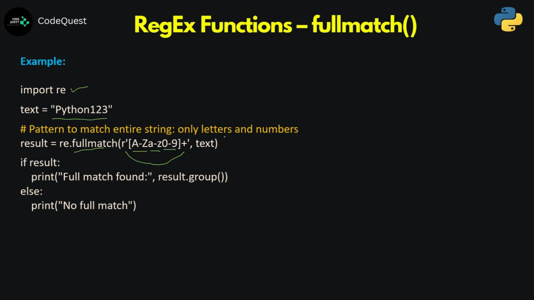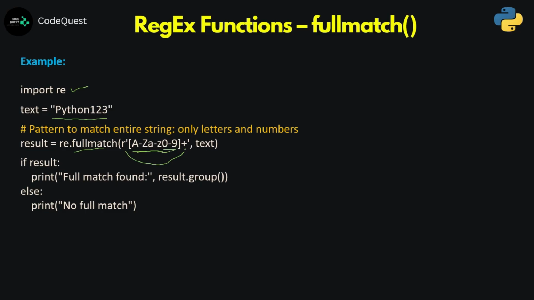And this plus indicates it matches one or more occurrences of this, I mean the text or whatever pattern I have, so that must be matching any alphanumeric. This complete one is nothing but your uppercase and lowercase letters as well as digits.